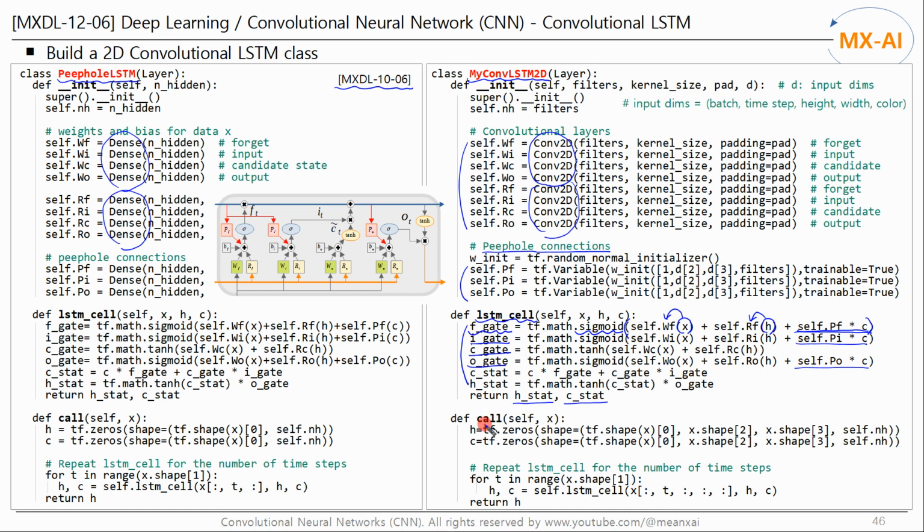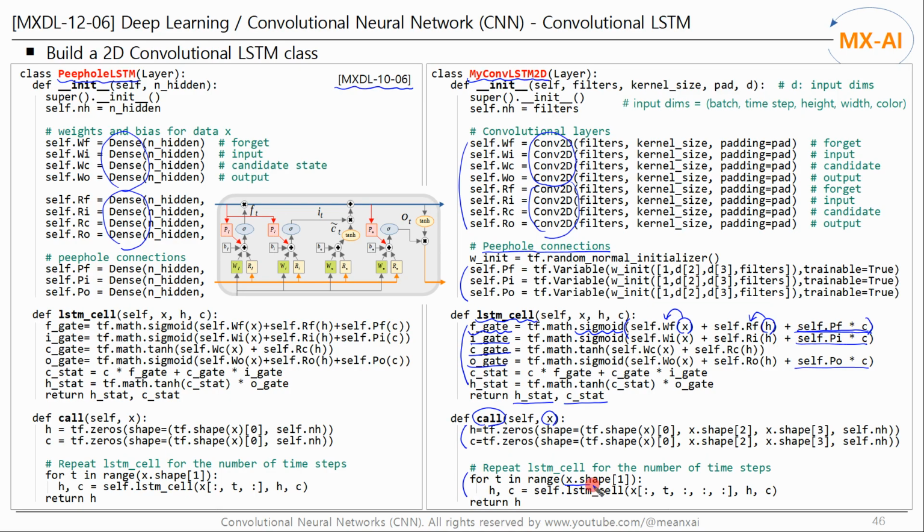Next, let's write the call method. This function takes the multiple sequences of images X as an input. H and C are initialized to 0 since there is no previous time step. Now to find H and C for each time step, we repeat the following procedure for a given number of time steps.